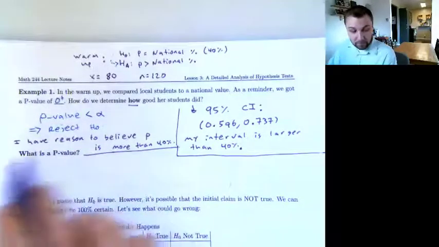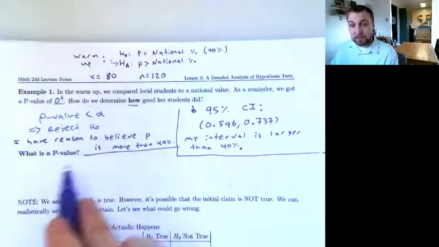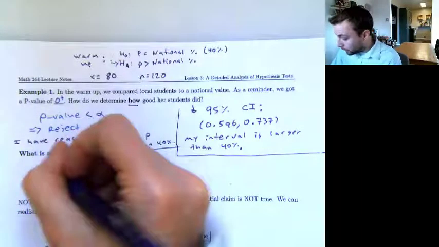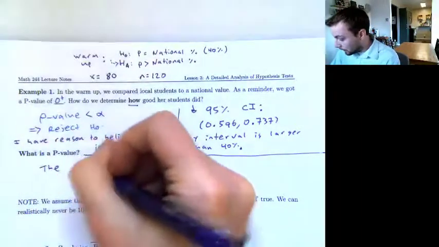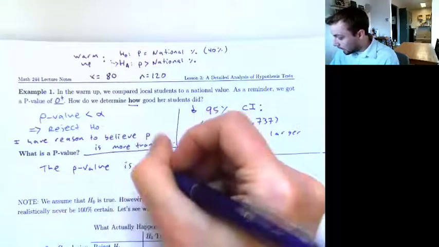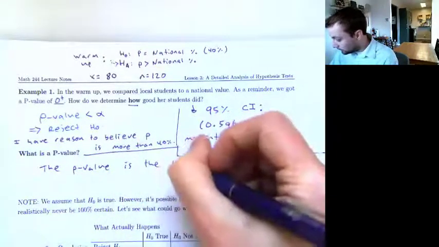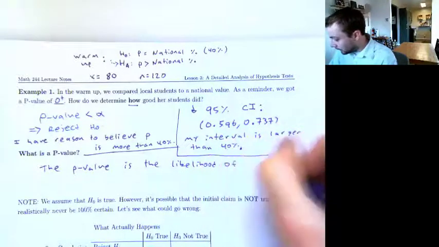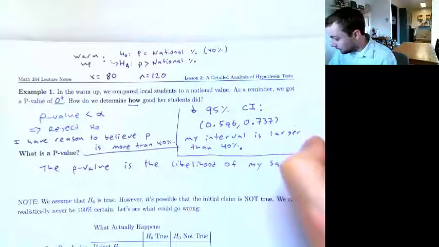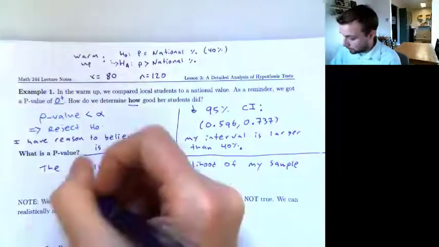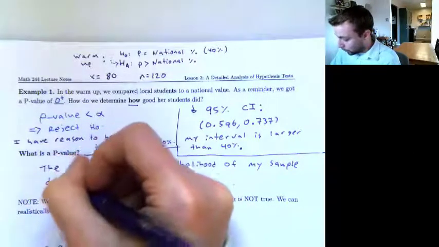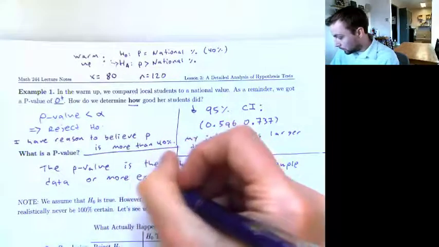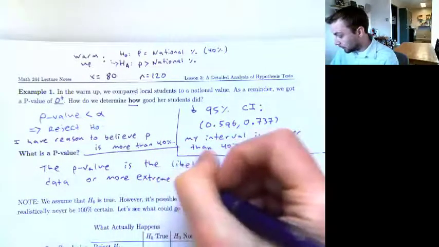So just to really drive home what the p-value is, because this is important to making this conclusion over here, the p-value is the likelihood of my sample data or more extreme if the null hypothesis is true.